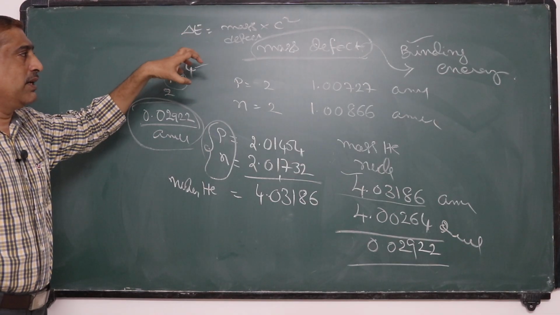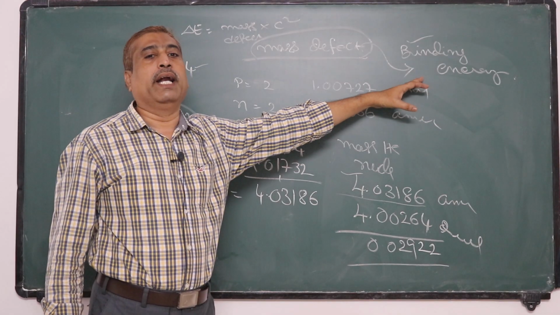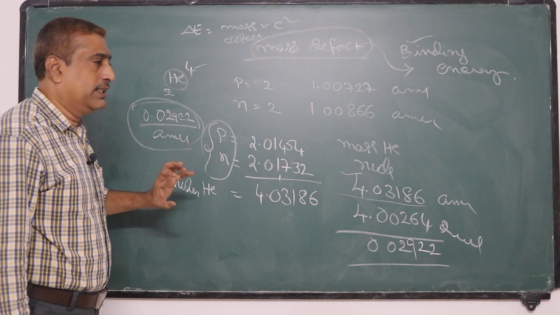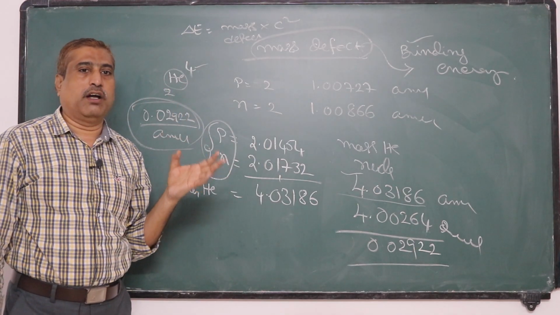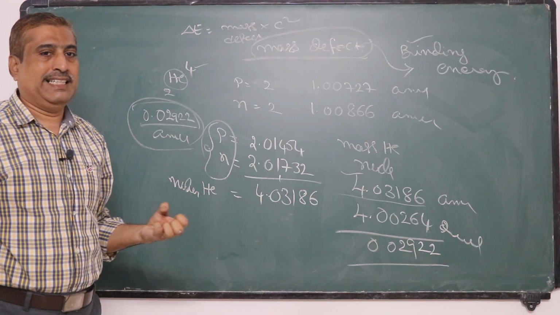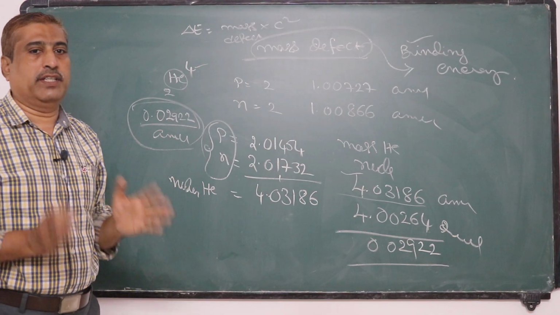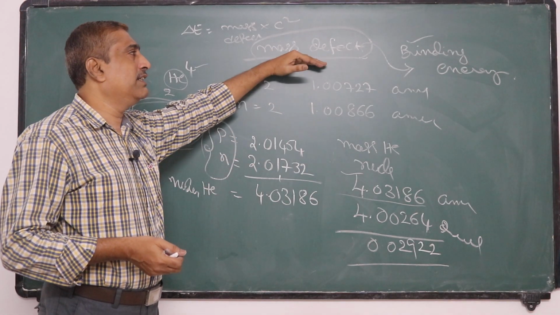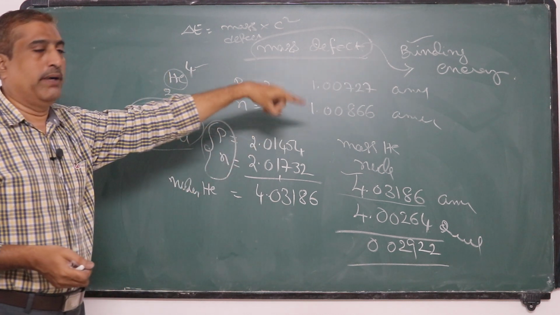So the mass of the nucleus is always found to be less than the sum of the masses of its nucleons, this difference is called mass defect, and this mass defect is converted into energy, called binding energy.